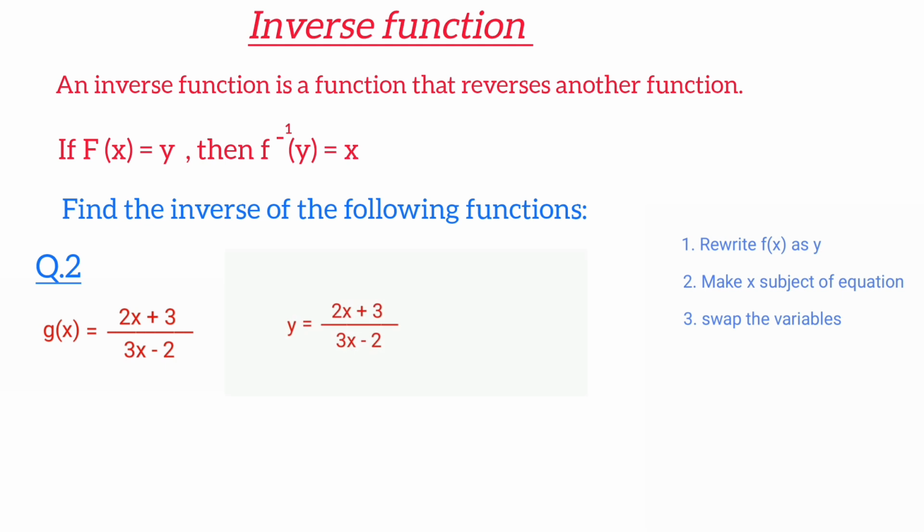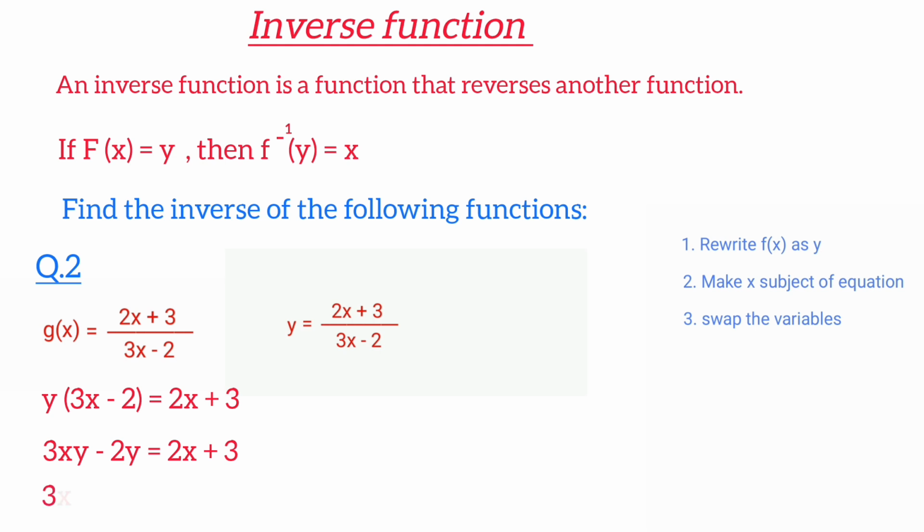Next, we make x the subject of the equation. Cross multiplying, we have y into bracket 3x minus 2 is equal to 2x plus 3. Removing the brackets, we have 3xy minus 2y is equal to 2x plus 3. Now, we collect like terms with respect to x.